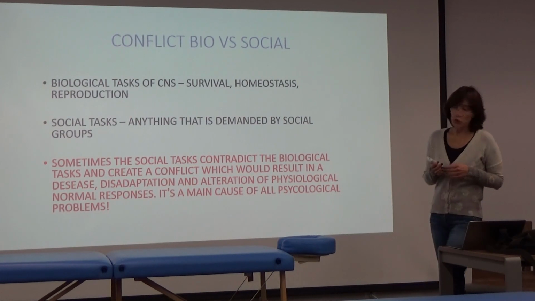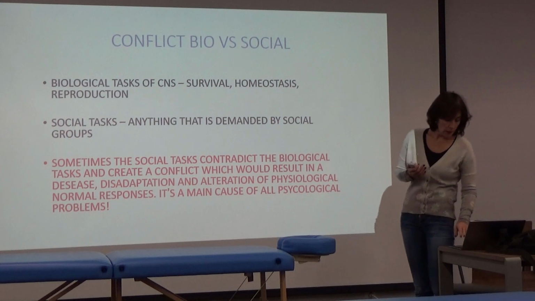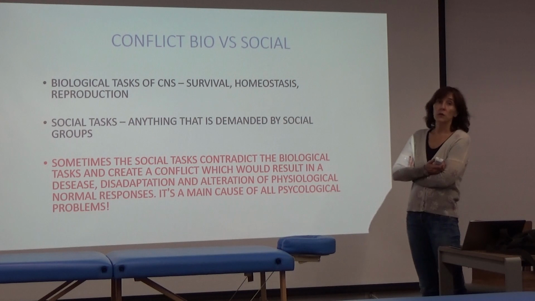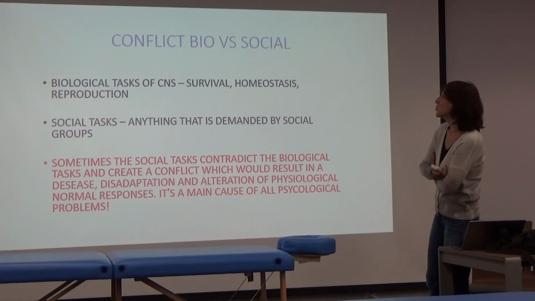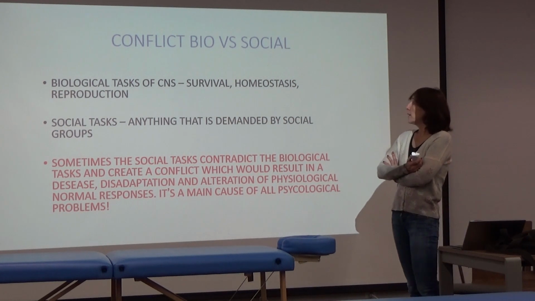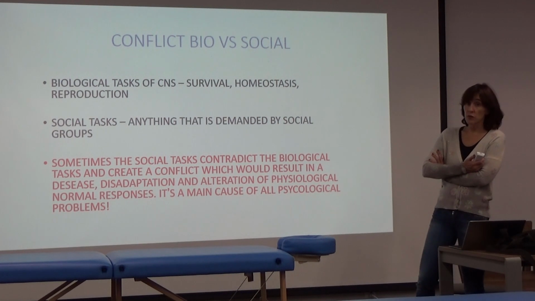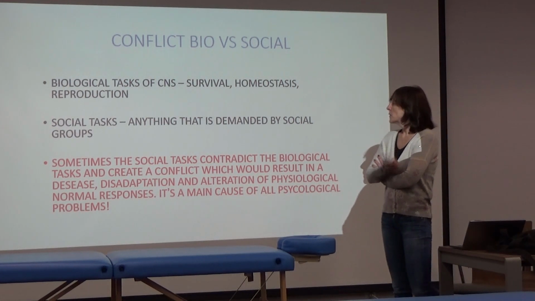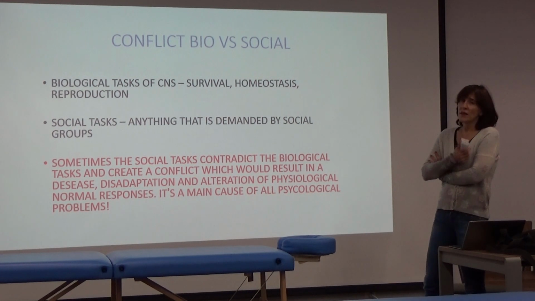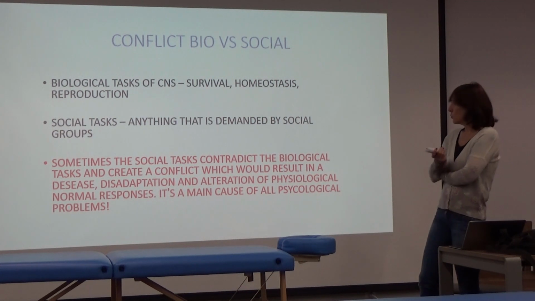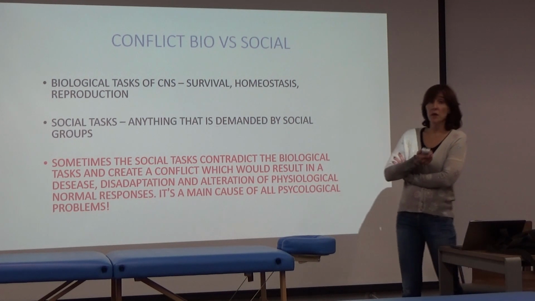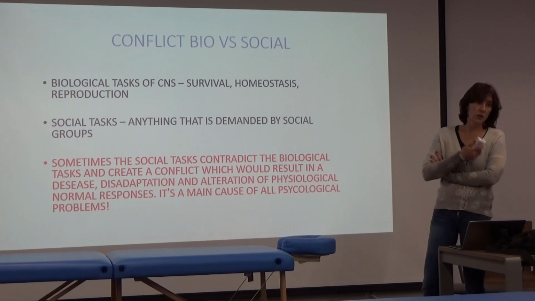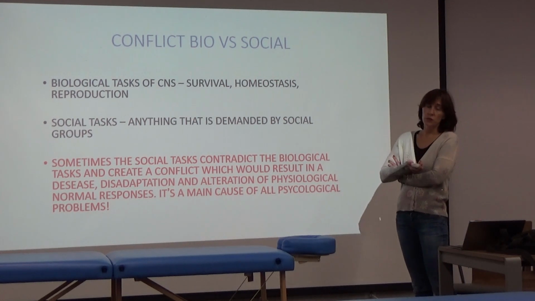Well, there were more horrible pictures of how we could be disadapted in the society thanks to our cultural issues. Basically, the idea is that biological tasks of central nervous system programmed by nature are survival, homeostasis regulation, reproduction, etc. Then we have social tasks, which is basically anything that's demanded by a special social group in different countries, different rules, different religions, also different rules.